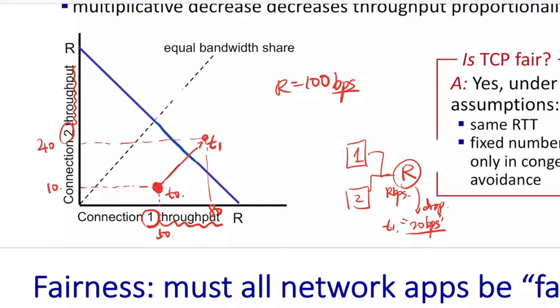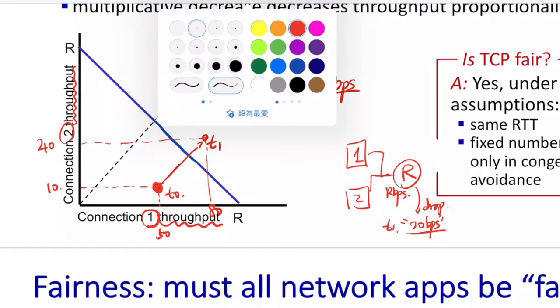So connection 1 has a higher probability of dropping packets, and connection 2 has a smaller chance by comparison.